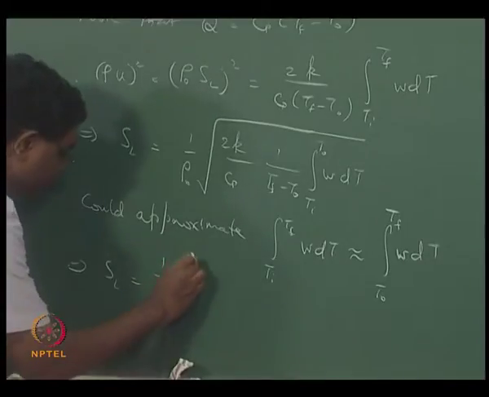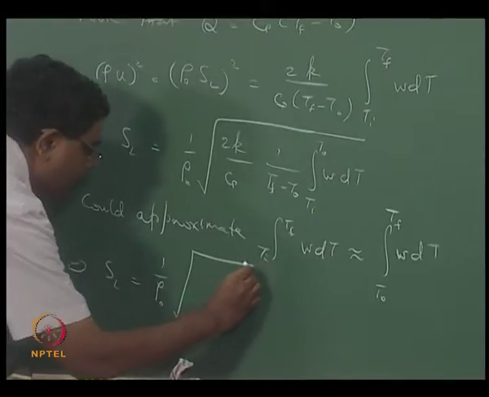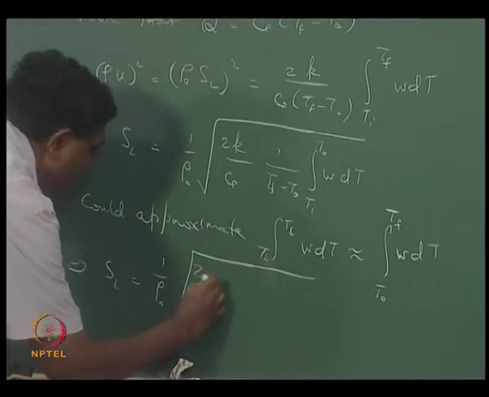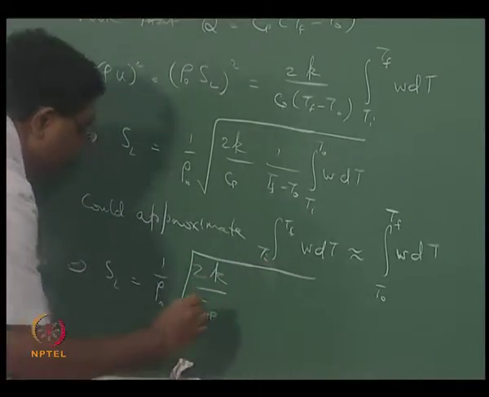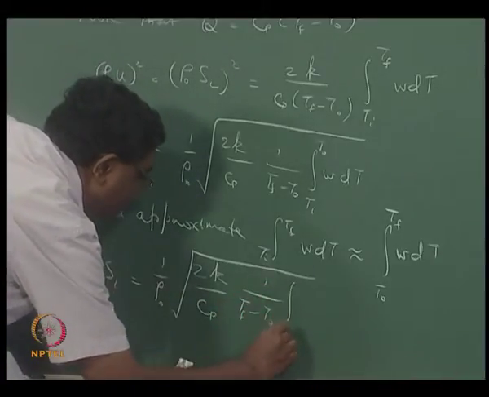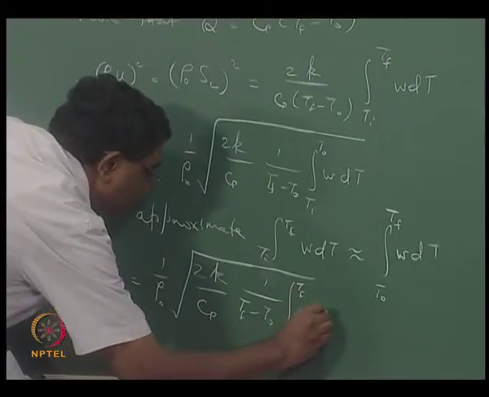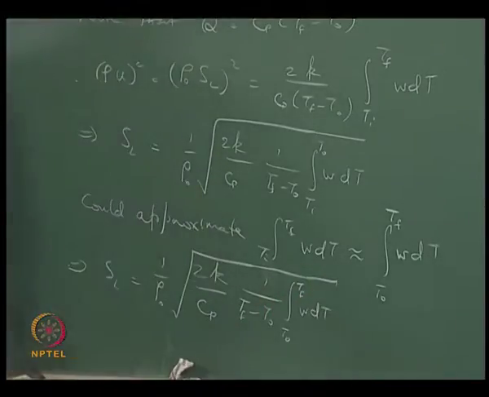What would we get out of seeing this? You see that 2k divided by Cp, 1 over Tf minus T naught, integral T naught to Tf of w dt. What do we have?